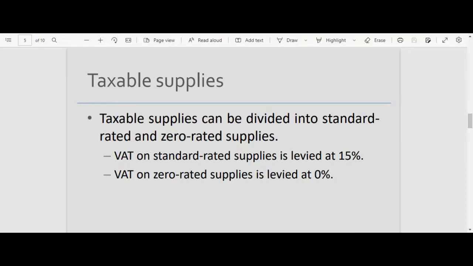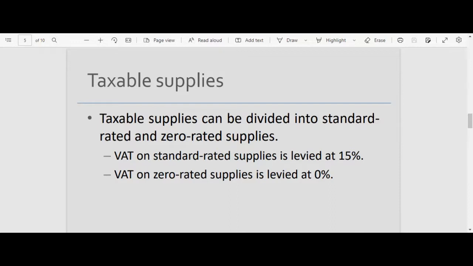Thank you so much. So you've got to add 15 rands. So if you use the exclusive amount, how do you determine the value added tax, your output tax? You add 15% to the exclusive amount.